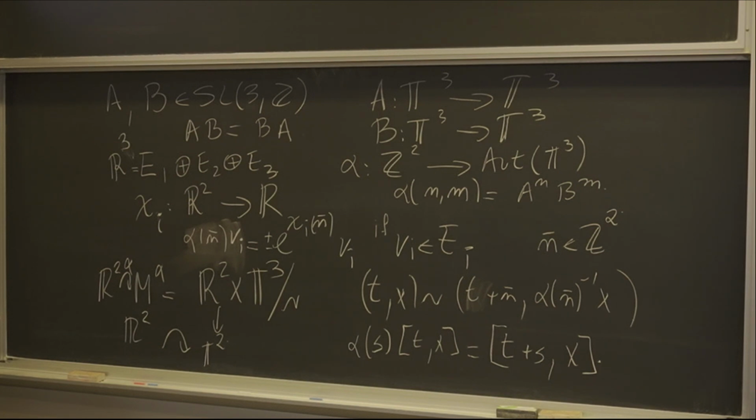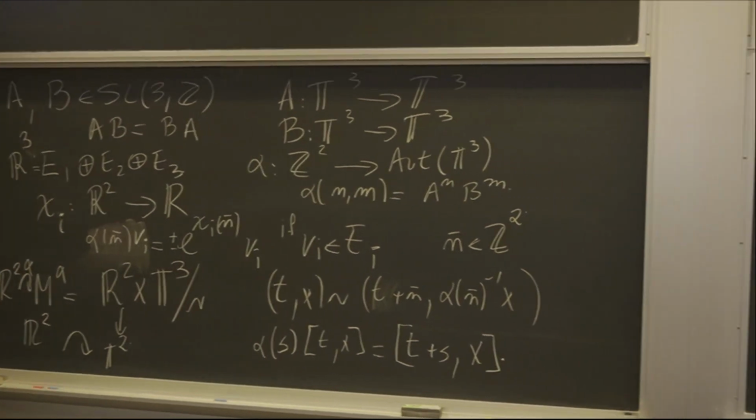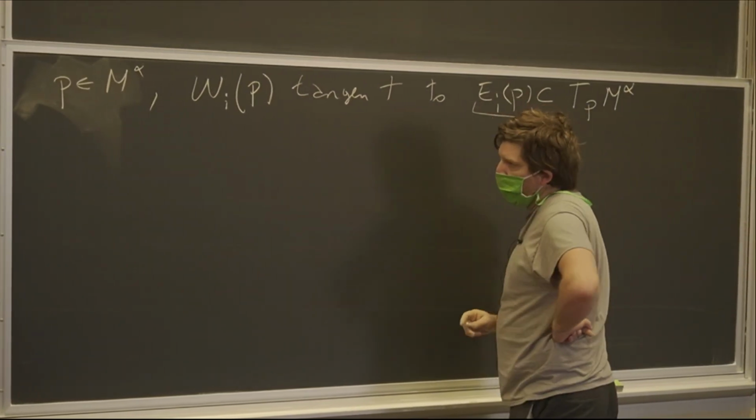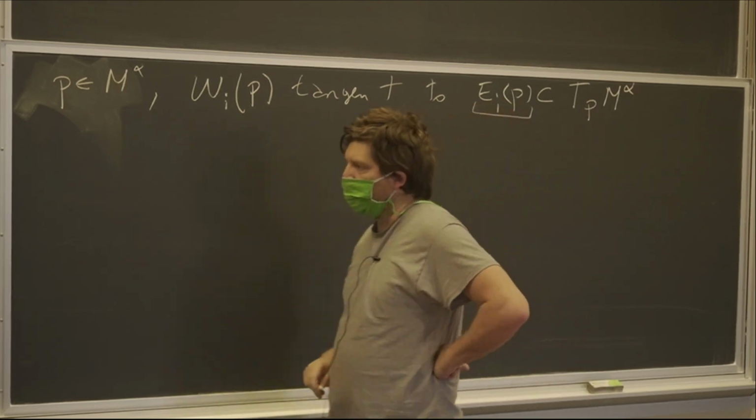Now we have these spaces called W_i. So for p in M alpha, we have these spaces W_i of p, which are tangent to E_i of p, which is actually inside the fiber. So these are the associated spaces in T3.